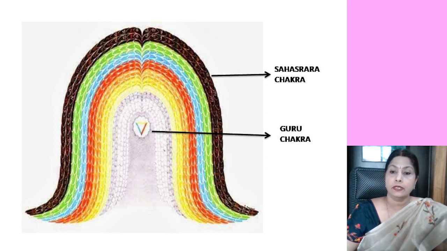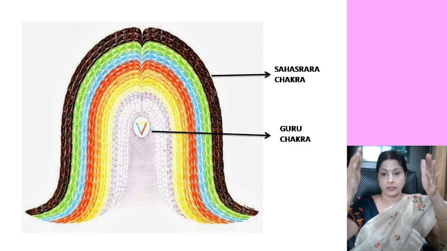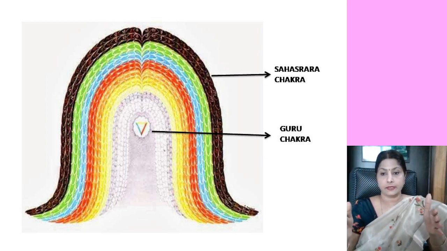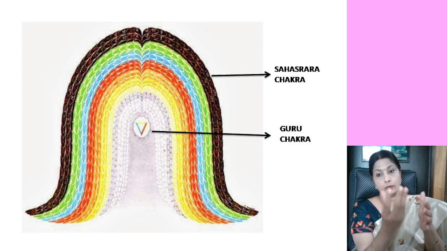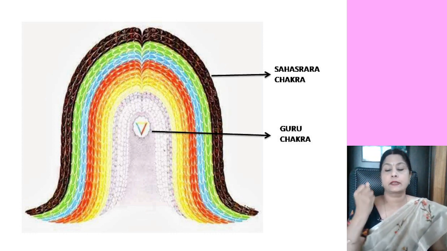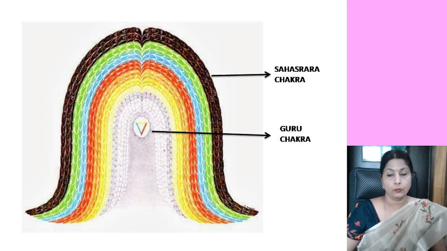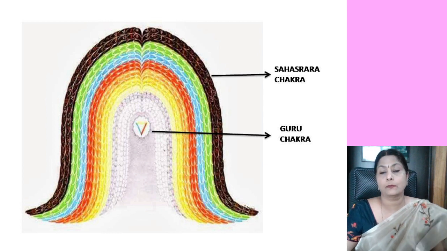And this Guru Chakra is a 12 petal lotus. The Sahasrara Chakra's petals come downwards, and the Guru Chakra is inside the Sahasrara Chakra, like a 12 petal lotus. In this lotus, you have the Guru, the master who will guide you internally towards the Paramashiva in the Parabindu.